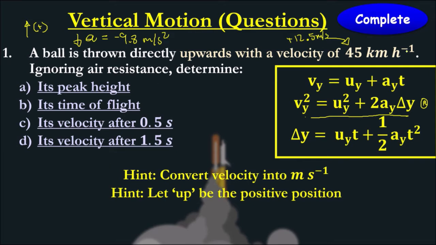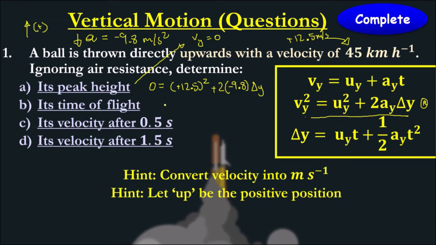Okay, so if I substitute it into my equation, if the object reaches peak height, remember, the final velocity is always equal to 0. So we have 0 equals positive 12.5 squared plus 2 times negative 9.8 times delta y.